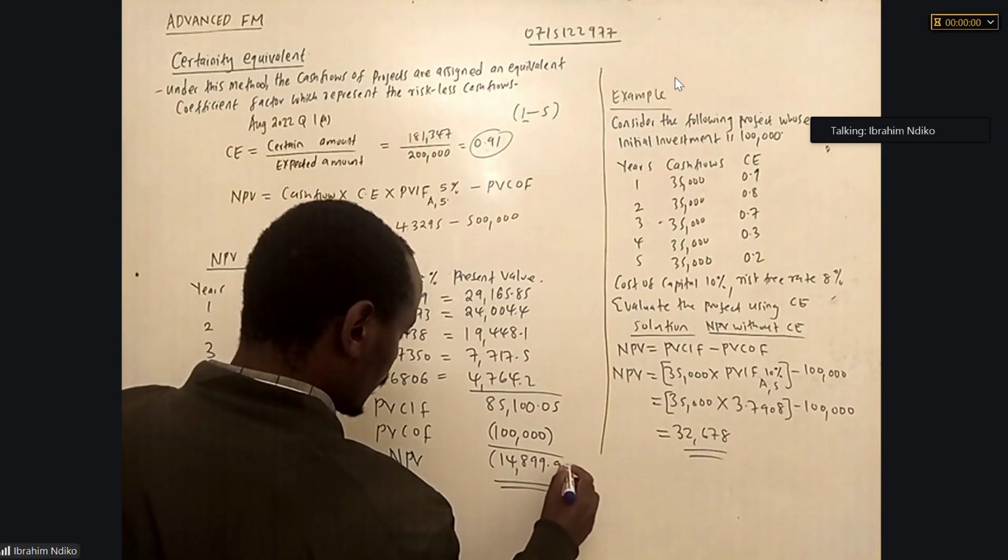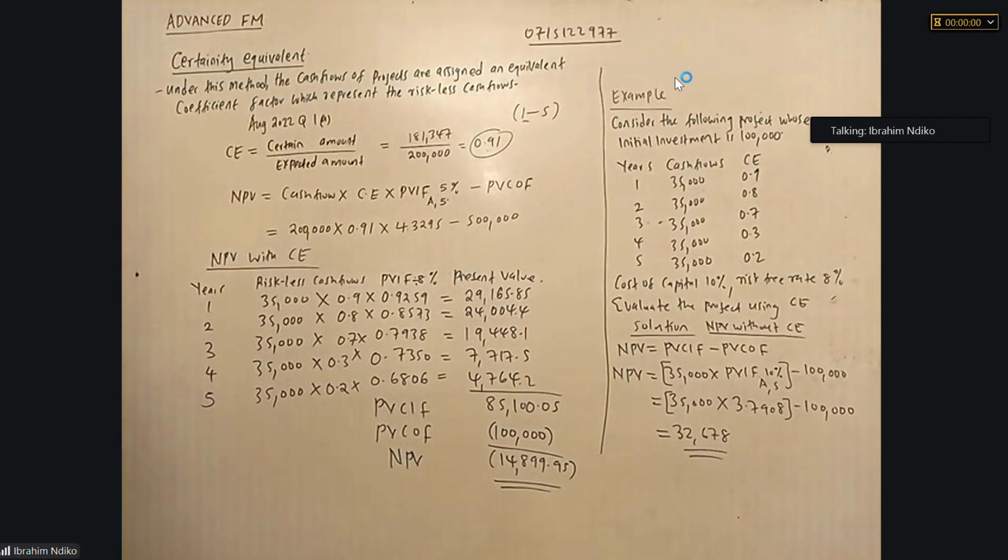Now when we use certainty equivalent, we are getting a negative NPV.